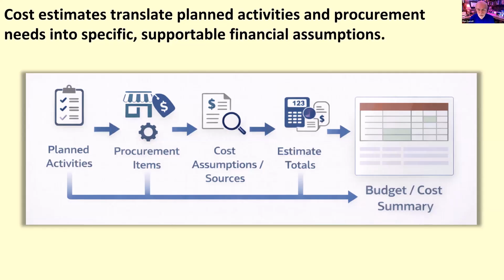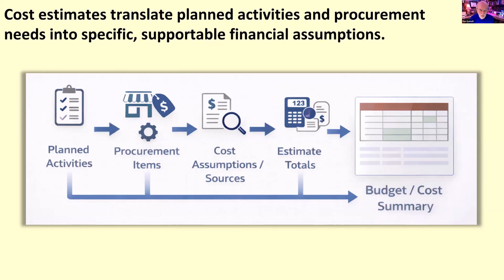This is where the budget begins moving from planning logic into more specific financial assumptions. Activity and procurement cost estimates are the artifacts that capture those assumptions. For planned activities, estimates assign an expected cost to the work that the project team intends to perform. For procurement items, the estimates reflect the expected cost of externally sourced goods or services that the project will need in order to deliver project outcomes.